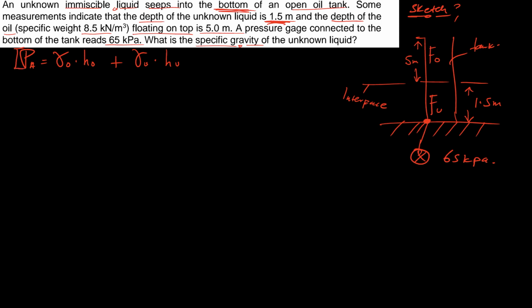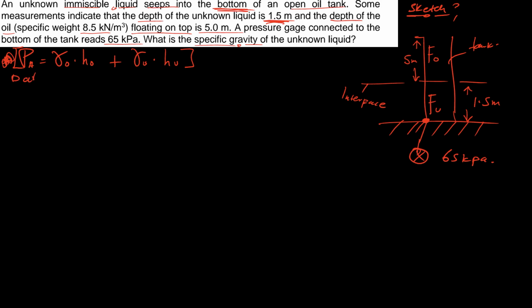This will be the equation we're going to use. Let's call it star. If we collect data from what we have, the specific weight of the oil is given in the question, and this specific weight is 8.5 kilonewtons per meter cubed. And the specific weight of the unknown fluid is not known.